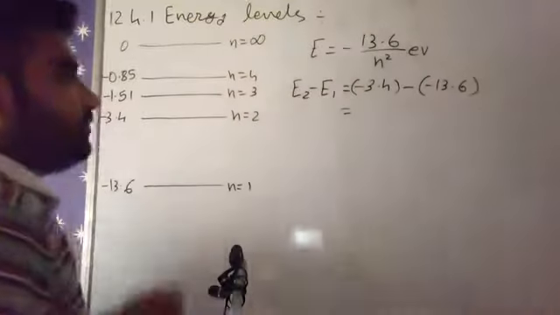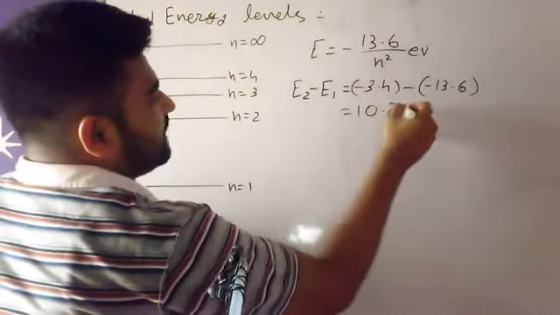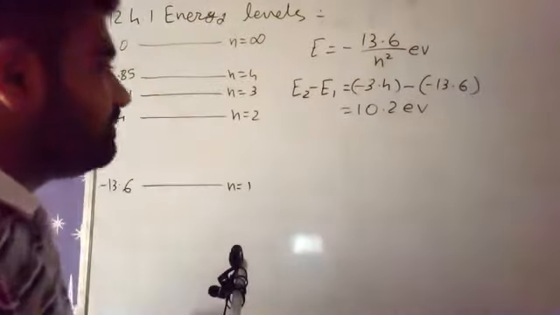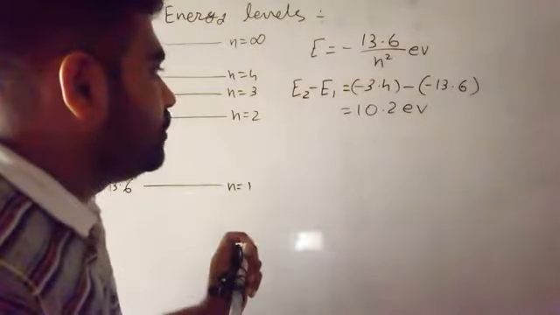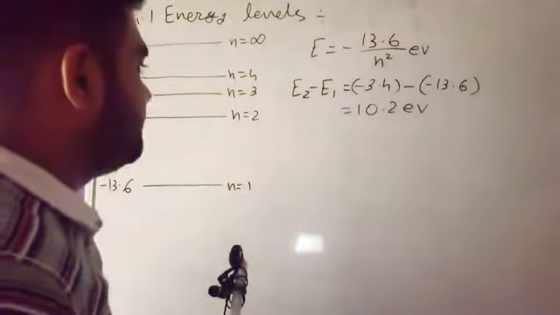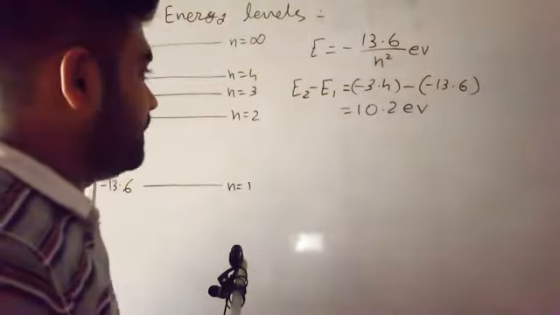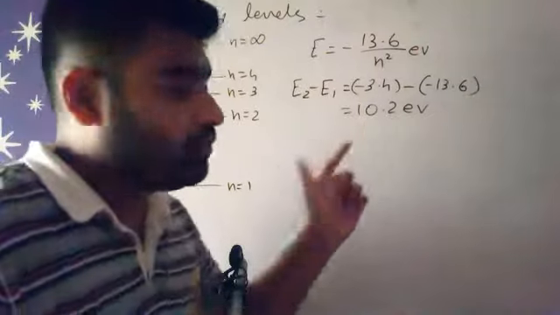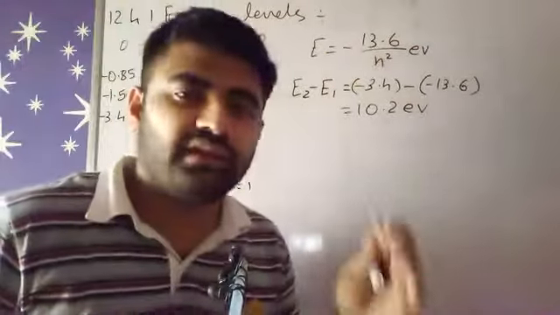So minus minus becomes plus, and the answer will be 10.2 electron volt. So the electron absorbs this amount of energy, and then it will transition to a higher energy level.